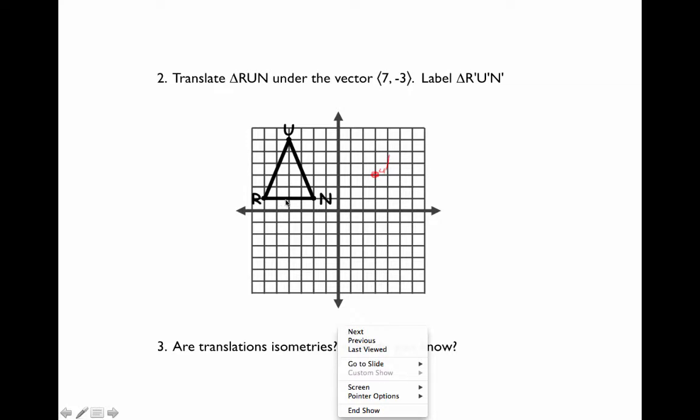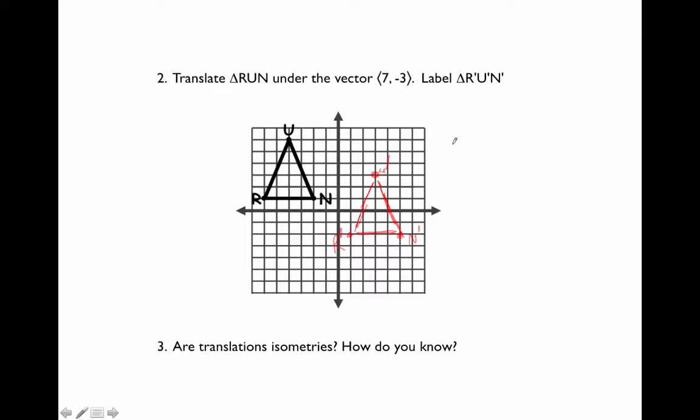So R, 1, 2, 3, 4, 5, 6, 7, down 3, 1, 2, 3. R prime. N, 1, 2, 3, 4, 5, 6, 7, down 3, N prime. And there we have triangle R prime, U prime, N prime.